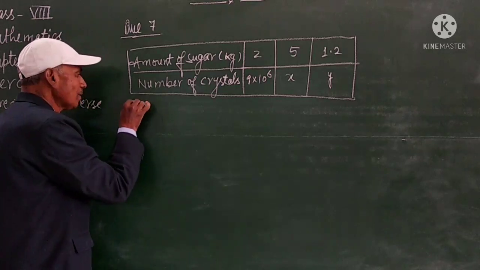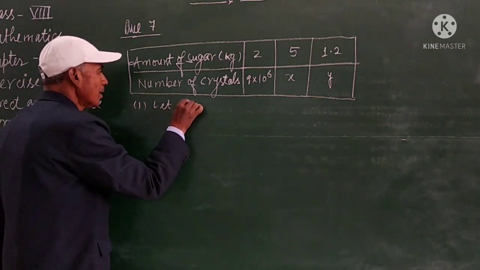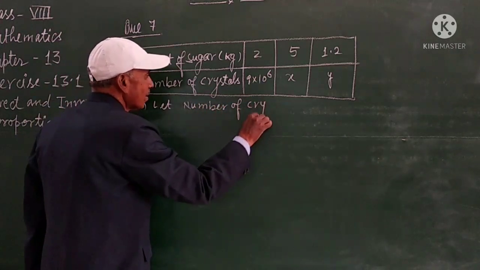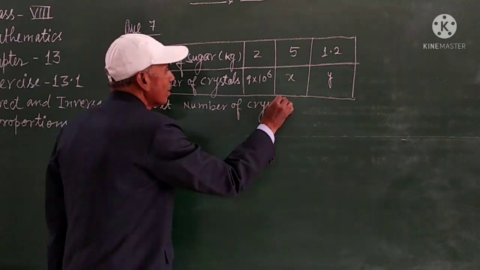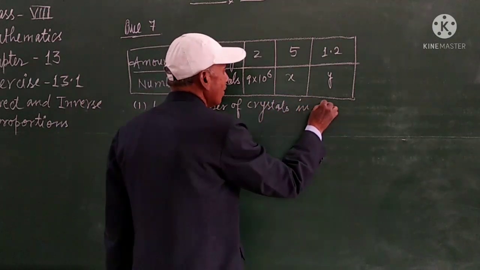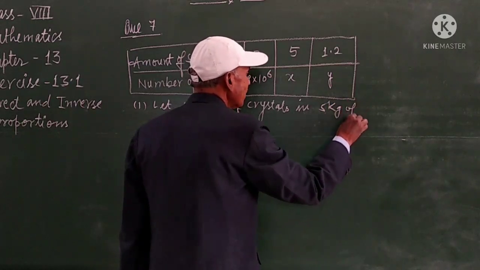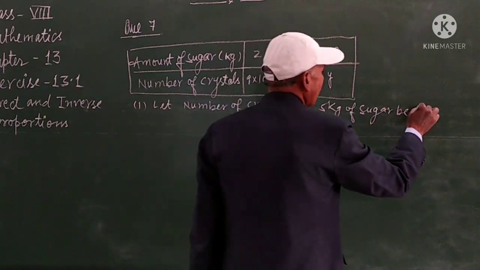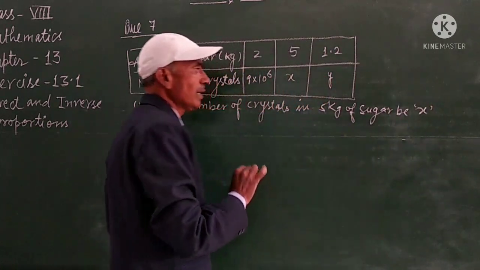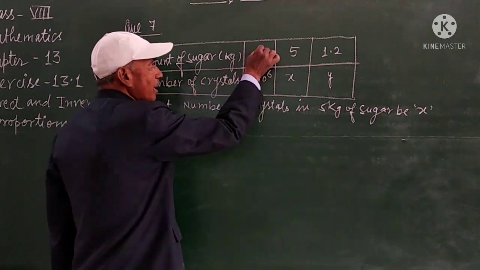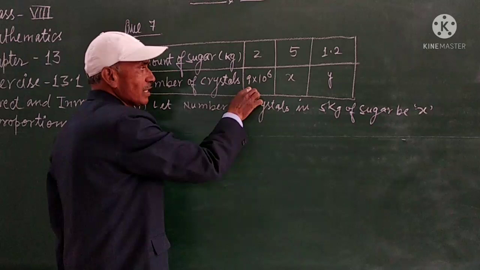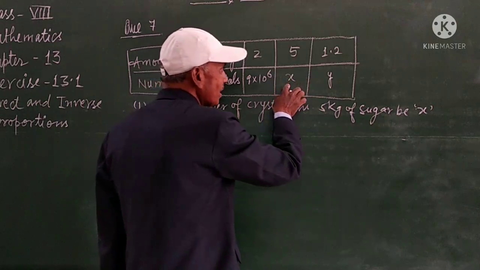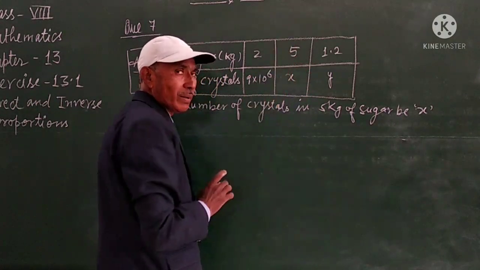So, first let the number of crystals in 5 kilogram of sugar be x. Clear, friend? If there are 2 kilogram of sugar, then the number of crystals will be 9 into 10 to the power 6. Then what will be the number of crystals if there are 5 kilogram of sugar?